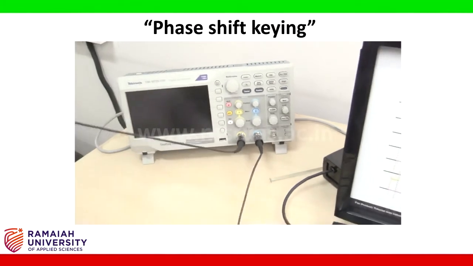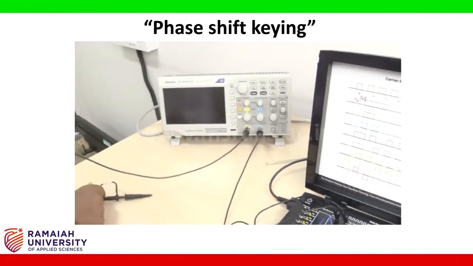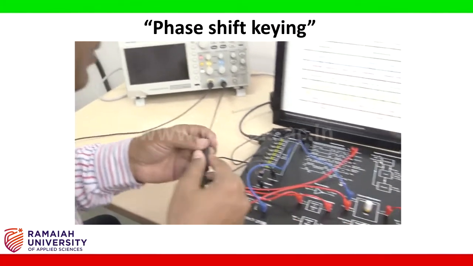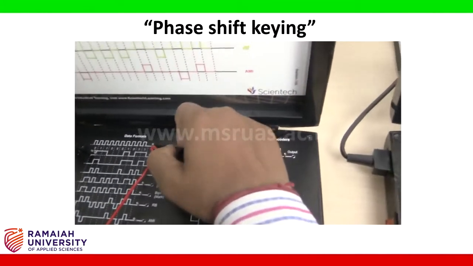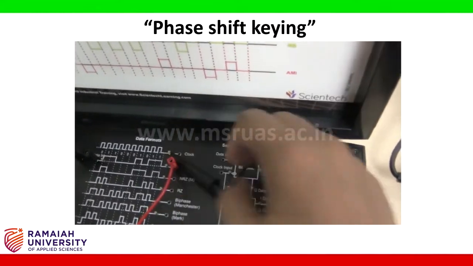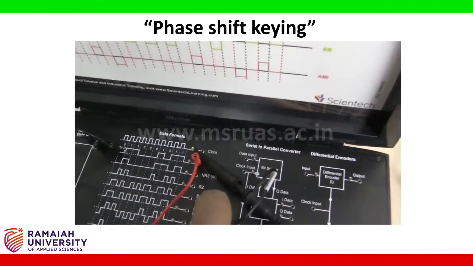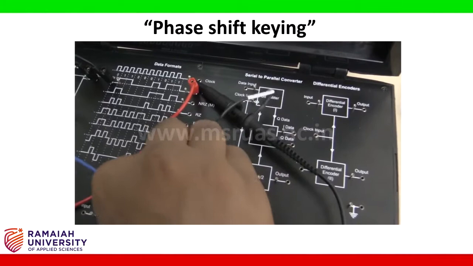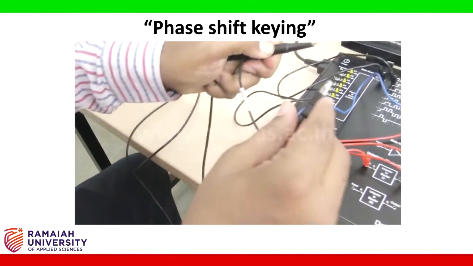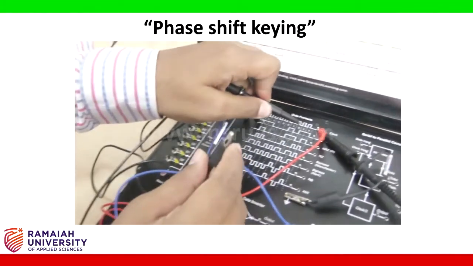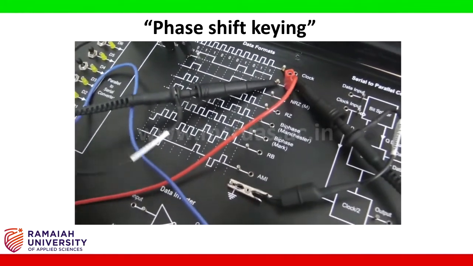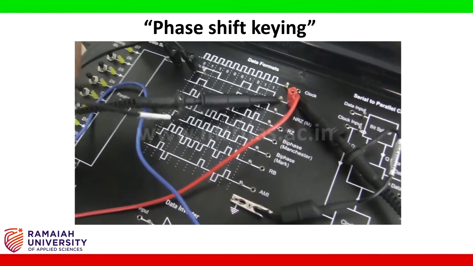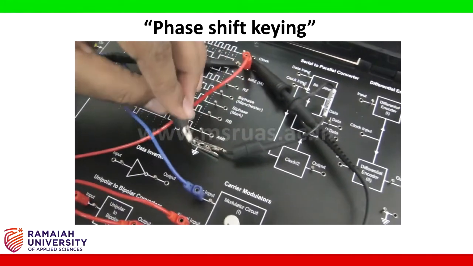Connect the channel 1 probe to the clock signal and the negative to the ground. Connect channel 2 to the NRZL modulation data scheme and to the ground.